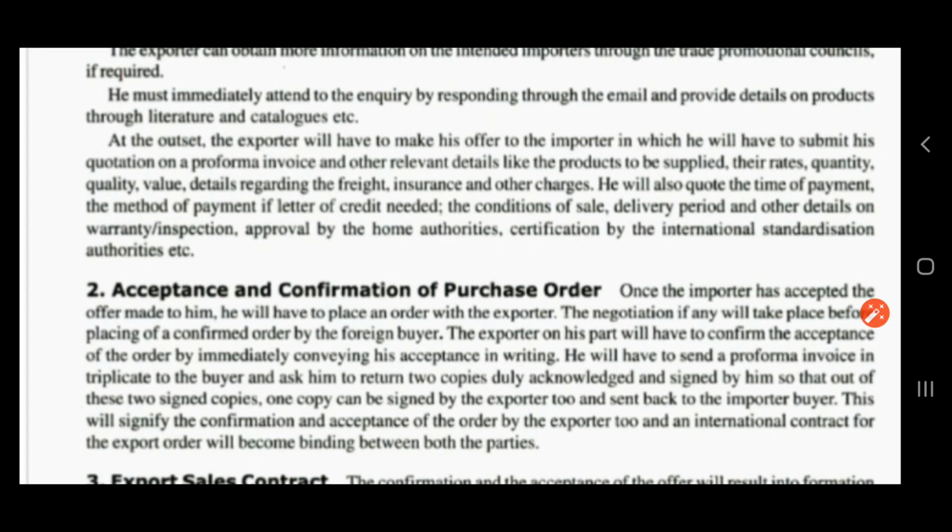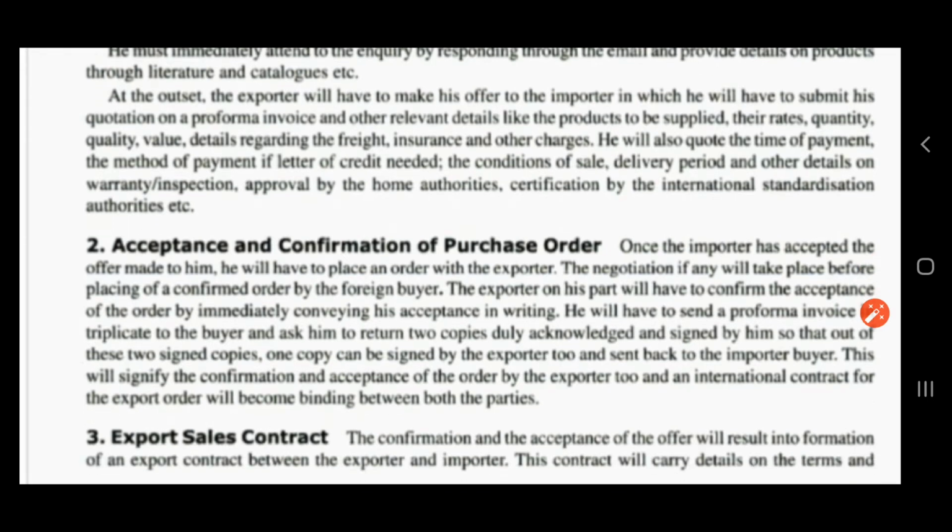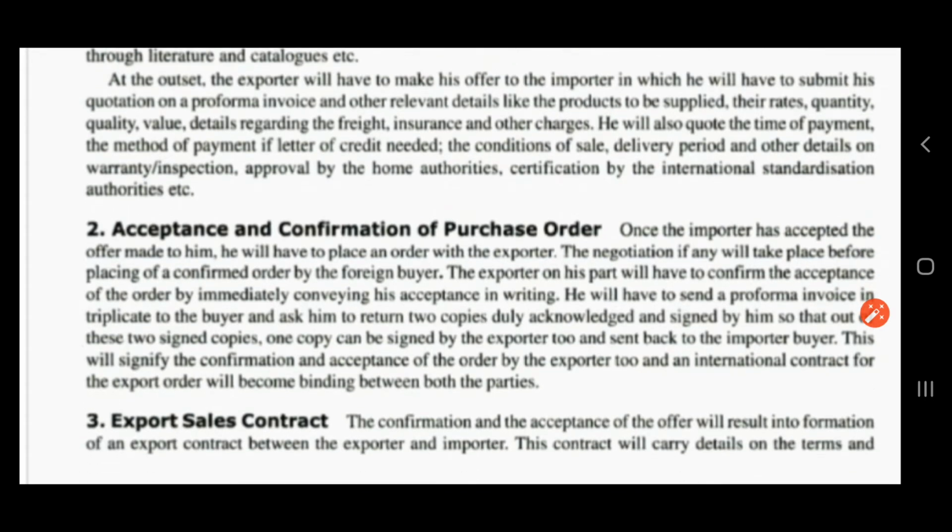And then the process starts from the importer. It means the importer has to accept the offer made by the exporter. The receiver or the buyer has to accept the offer. It may not be done in a single mail, or a single one-sided conversation.